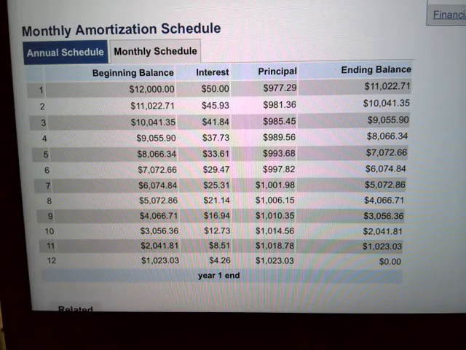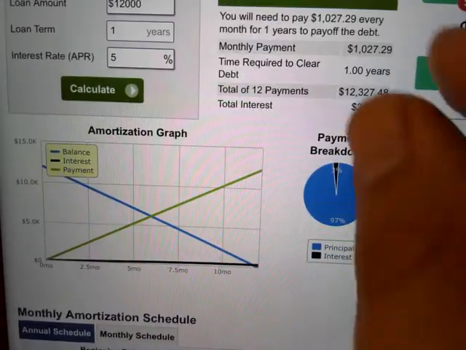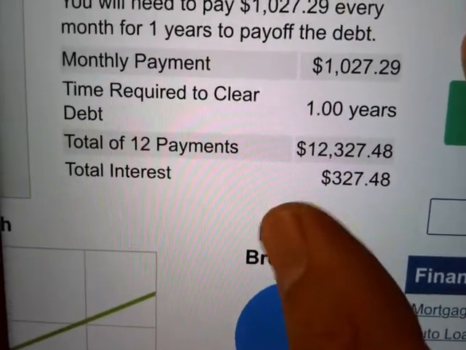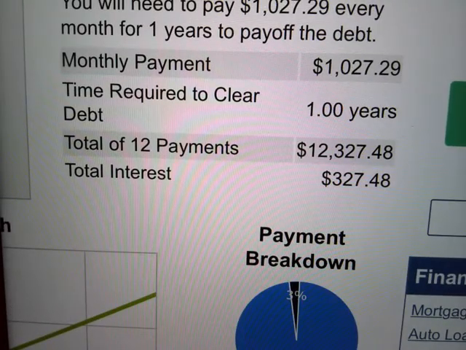So what's happening? You remember the payment I calculated? I used a calculator that month. Look at what the payment is. It's this. So every single month, some of that payment goes to interest, some of that payment goes towards actually paying off your loan.